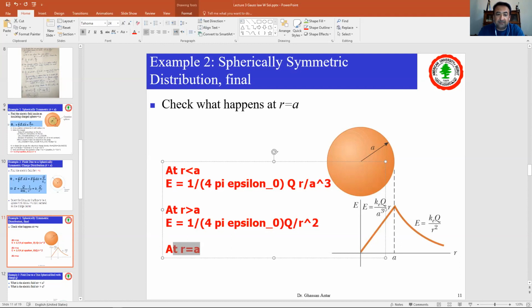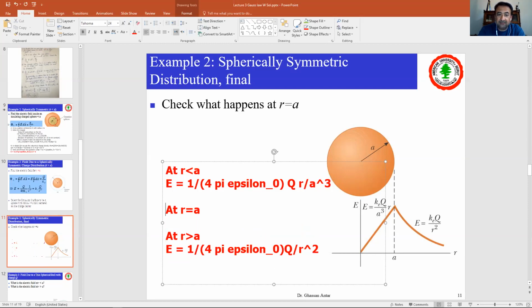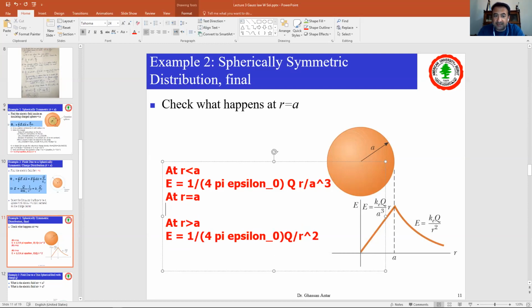Let me take the case here. Using the formula inside at R equal to A, I have E equal to 1 over 4 pi epsilon 0 Q. Now R equal to A, so I'm going to have A in the numerator and A to the power 3 in the denominator. So basically, this gives me A squared.